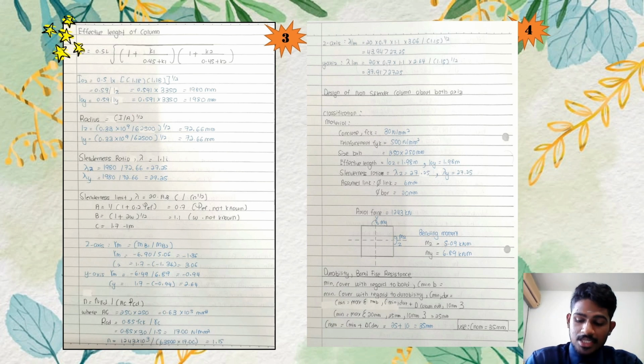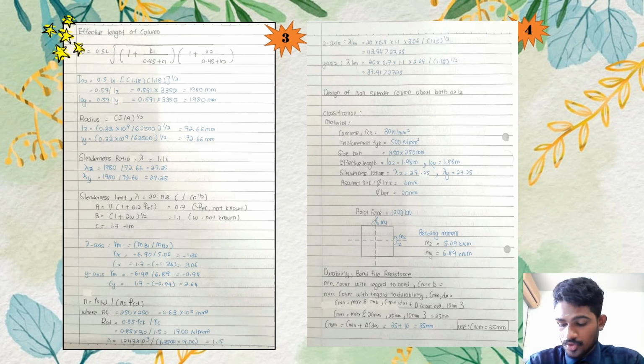For the slenderness limit, for the Z axis, for C you will get 3.06, and also m is equal to negative 1.36, and for the Y axis the CY that you will get is 2.64. Okay, for the next step we should find the n, where the formula is NED divided by (Ac fcd).